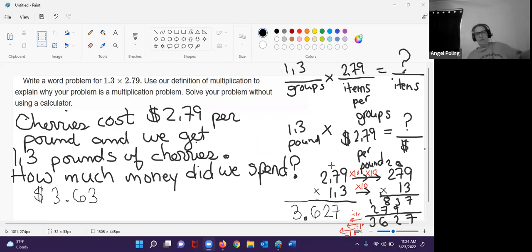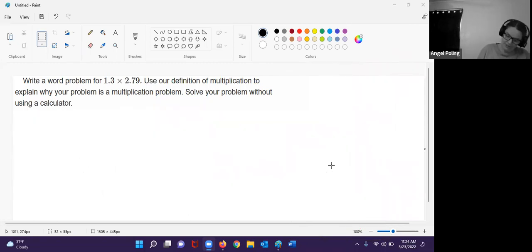So solve your problem without using a calculator. Another way that we show the standard algorithm working, in addition to this side method here, we also do improper fractions, right?